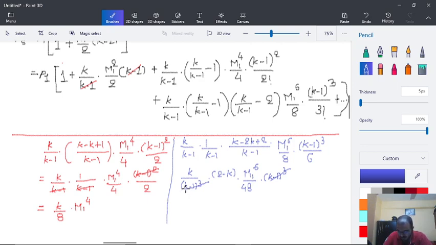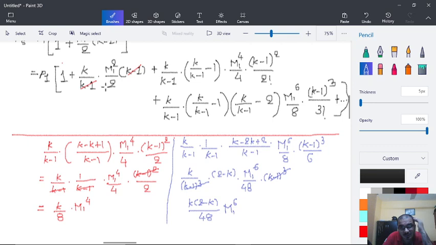So here the term which is being left is k into 2 minus k divided by 48 into m1 raised to 6. So this is the third term.